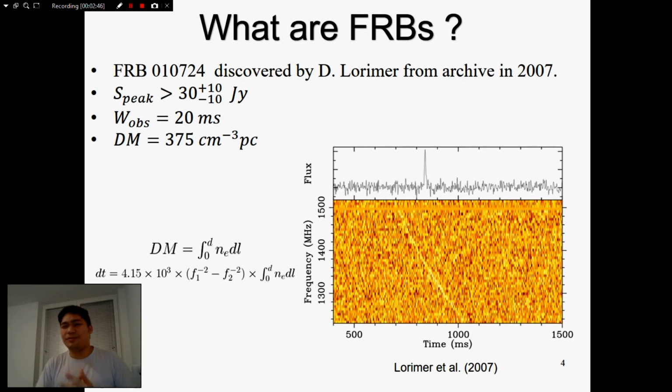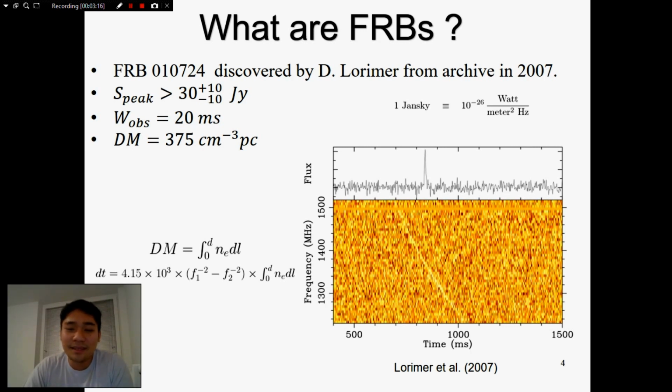What is a fast radio burst? The first fast radio burst was discovered by Dr. Duncan Lorimer 10 years ago, with really high intensity. We know this from the parameter called SP, the flux density, which is around 30 Jansky. Jansky is just a unit that radio astronomers like to use.